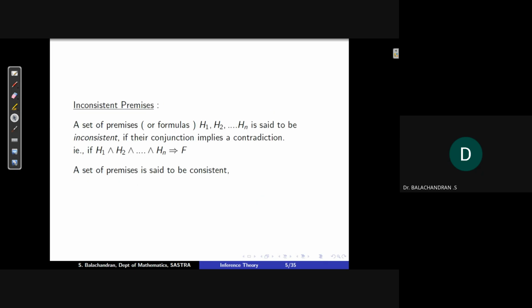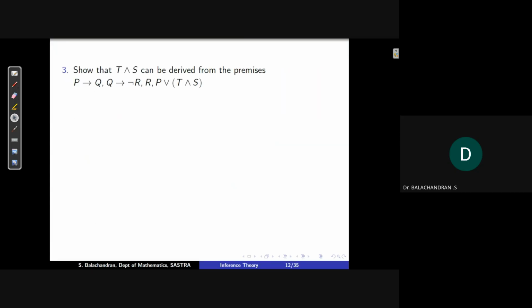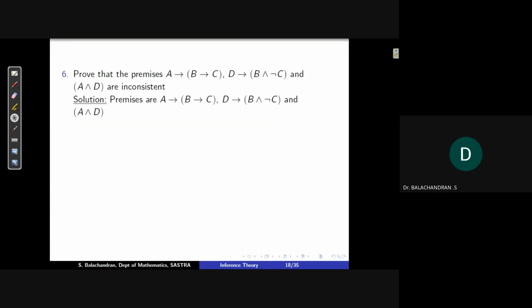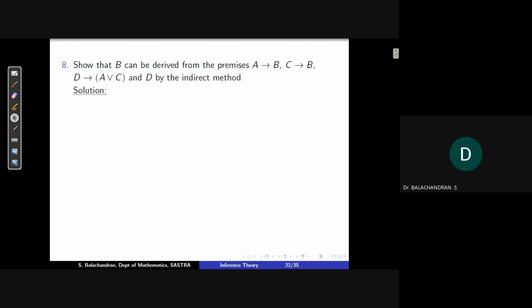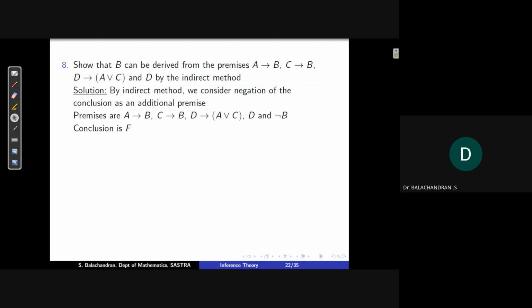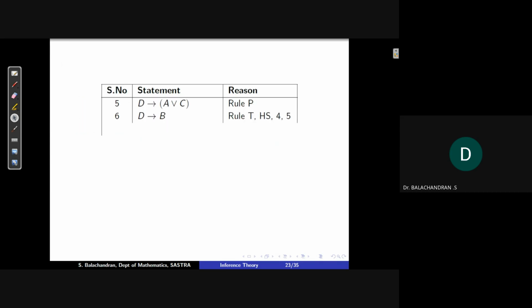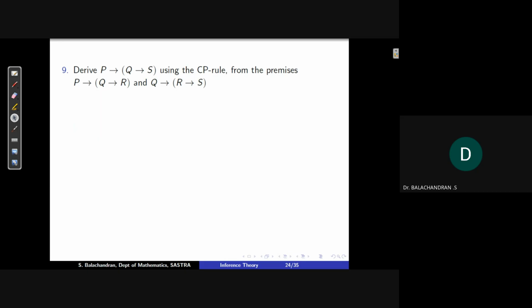So I think we'll go directly to the problem. Last class we discussed up to problem number 8. Now problem number 9 we will discuss, which comes under rule CP.